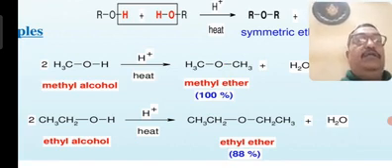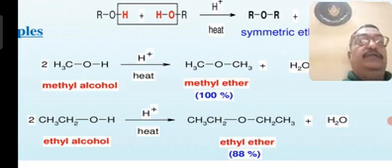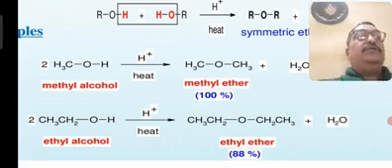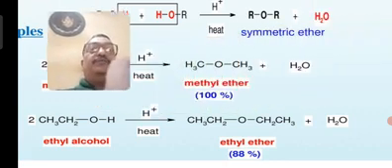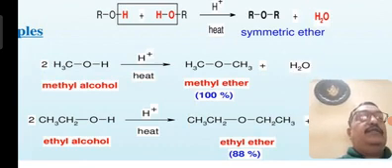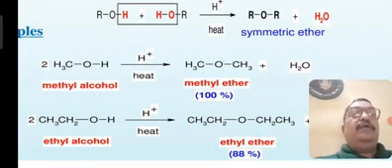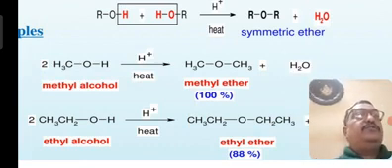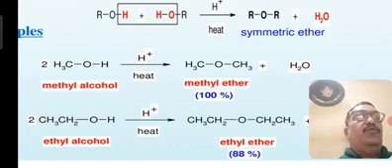So this is ethyl ether. Around 88% product will be isolated. So for dehydration of alcohol, just remember, this is a reaction where elimination of a water molecule from two alcohols leads to an ROR.